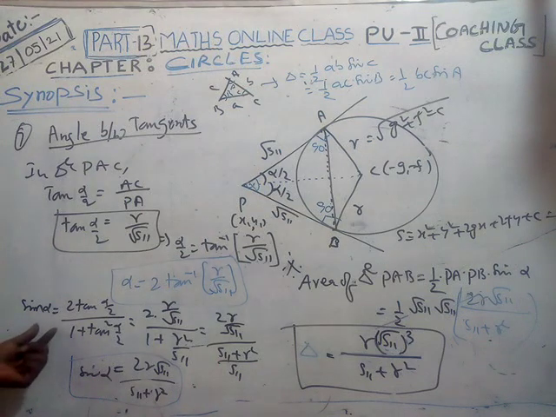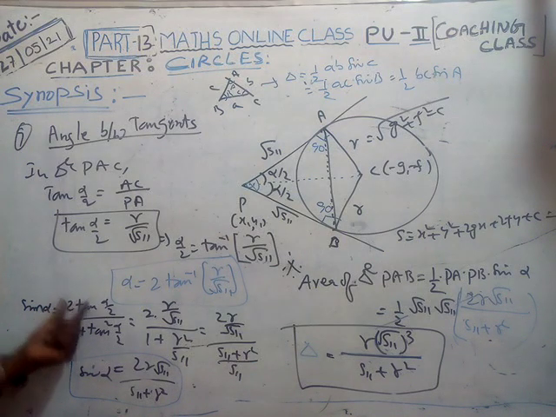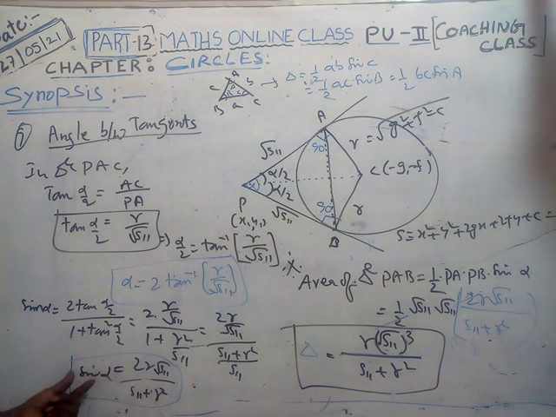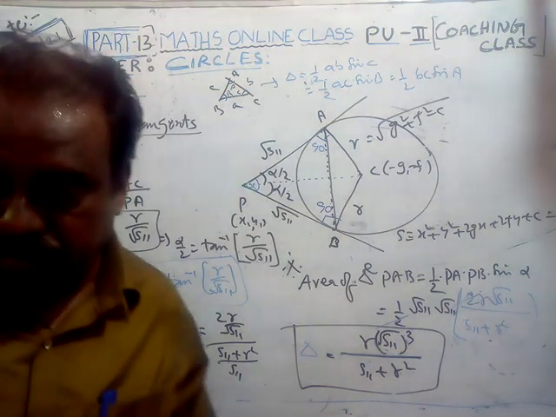You may be getting some doubt here. Sine 2 theta is 2 tan theta by 1 plus tan square theta. From that we derive this formula. Very good concept.